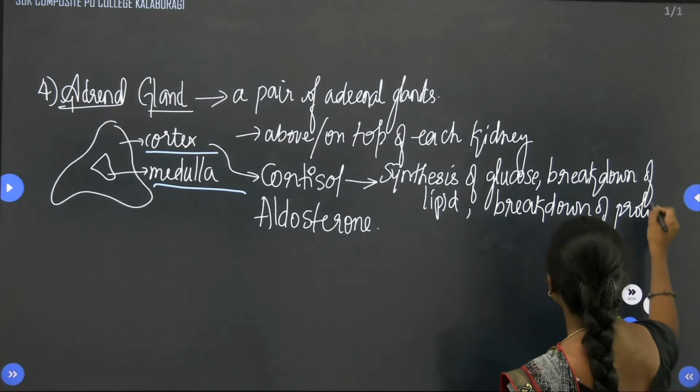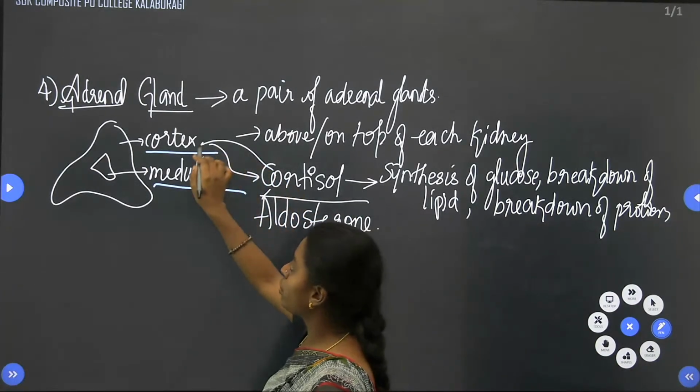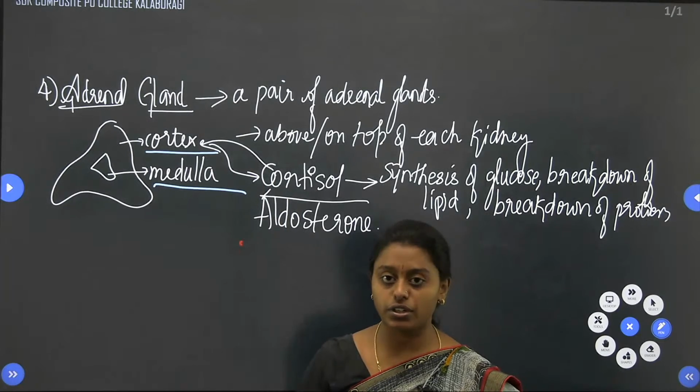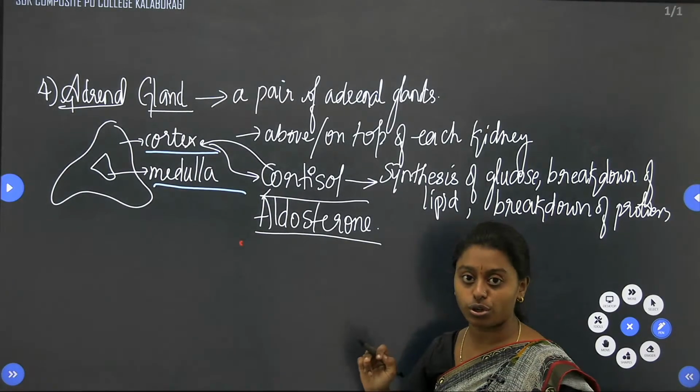So this is the function performed by the hormone cortisol secreted by the cortex region in the adrenal gland. There is also another hormone called aldosterone.